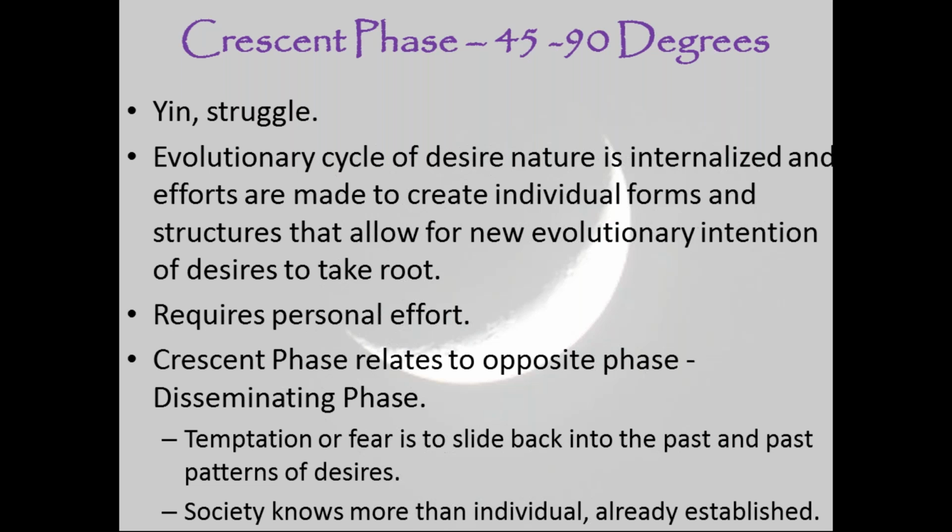And so in general, crescent phase, the evolutionary cycle of the desire nature, again, between Mars and Pluto, we're being specific here, is now internalized, yin, and efforts are made, that struggle, to create new individual forms and structures that allow for that new evolutionary intention of desires to take root.